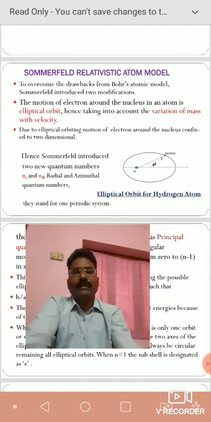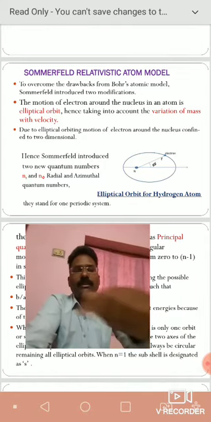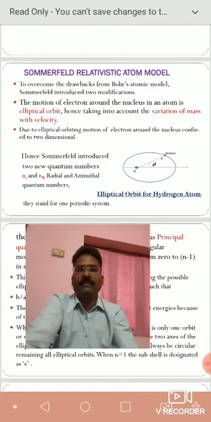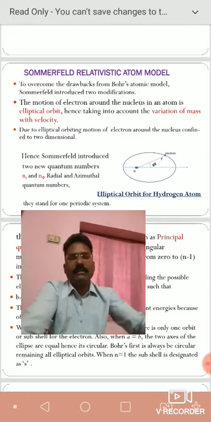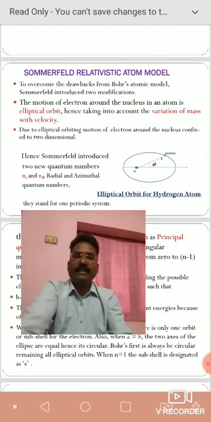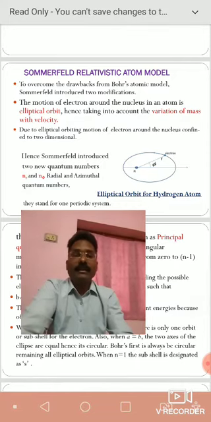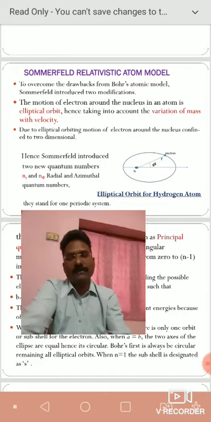One is that the motion of the electron around the nucleus in an atom is an elliptical orbit, hence taking into account the variation of mass with velocity.